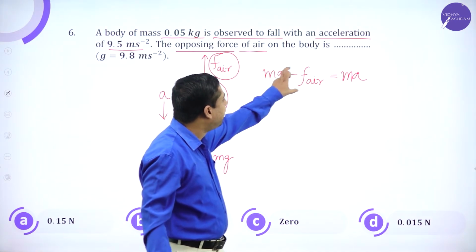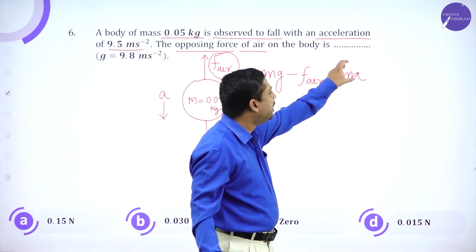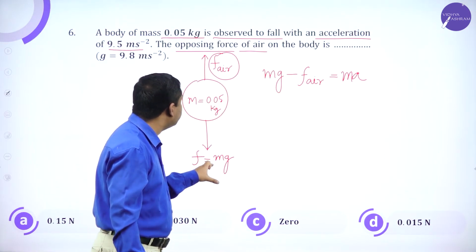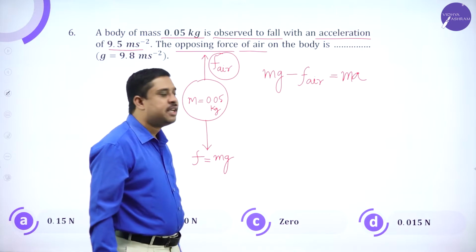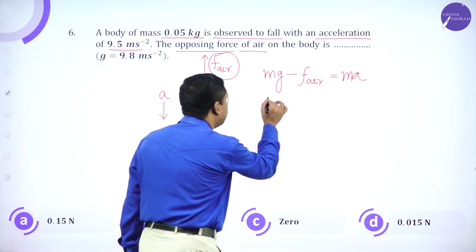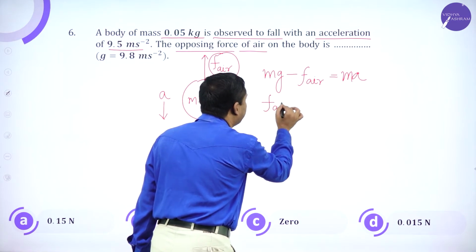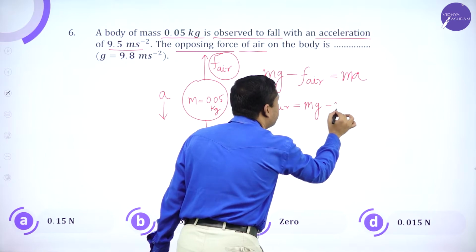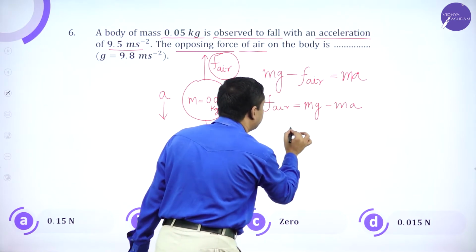So F is m into a. So the resultant force is mg minus F air. That means F air is mg minus ma.